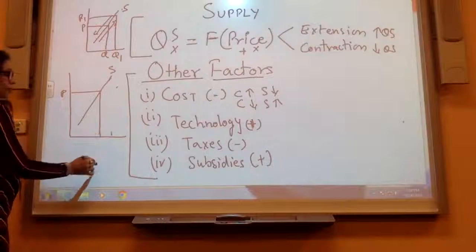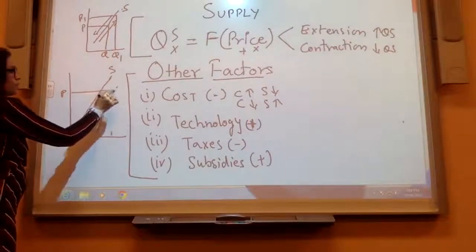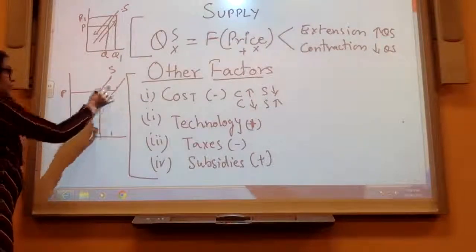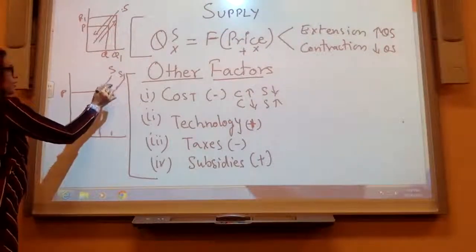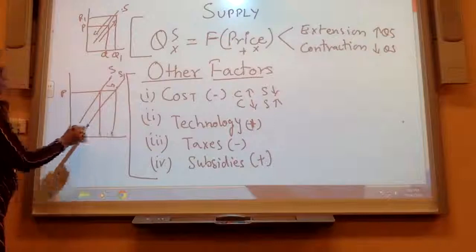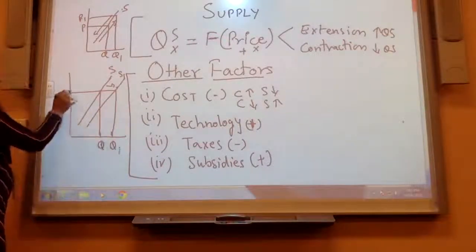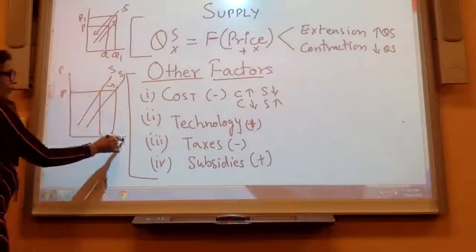The assumption is ceteris paribus for the price, but something else is leading to a change in this supply curve, and this is an increase in supply. You can see there is more quantity, but the price is kept the same.